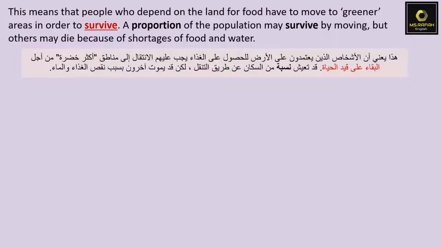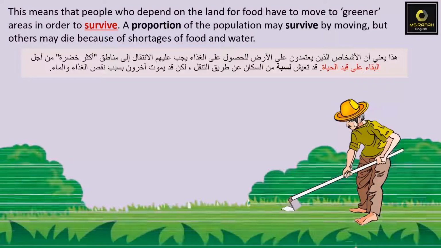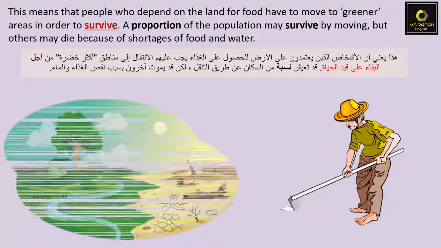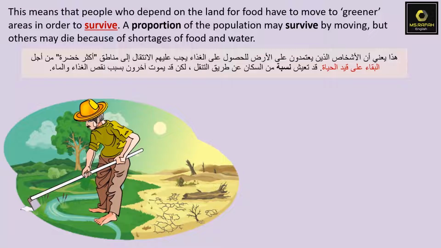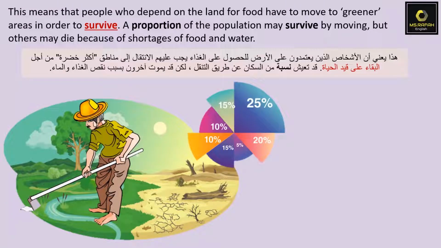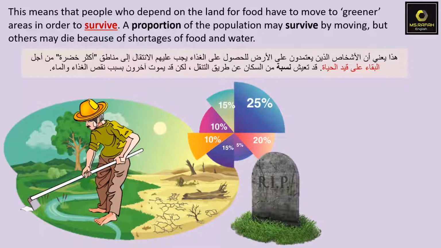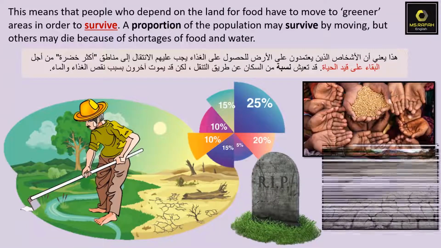This means that people who depend on the land for food have to move to greener areas in order to survive. A proportion of the population may survive by moving, but others may die because of shortages of food and water.